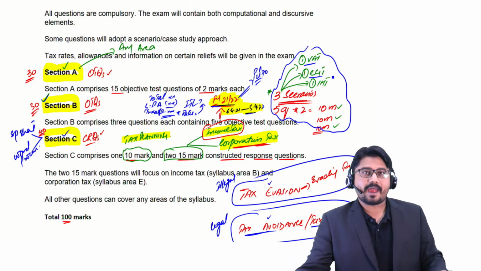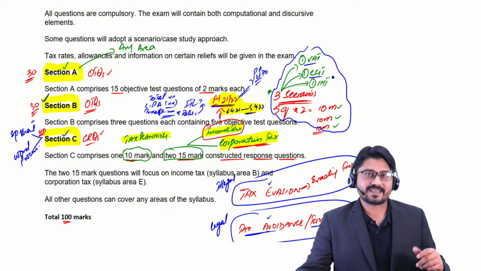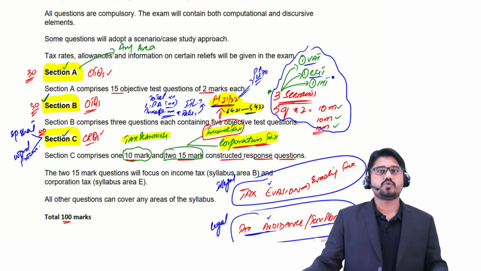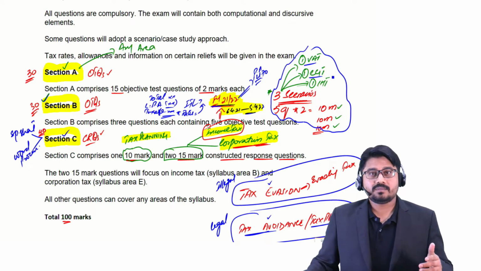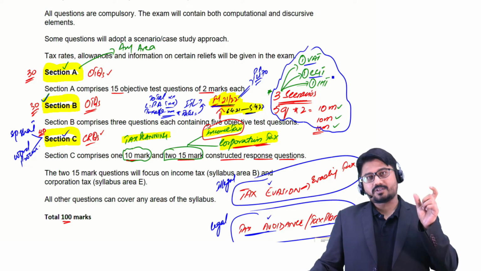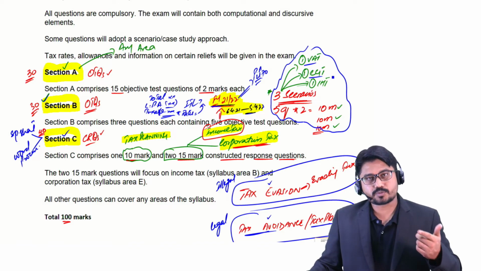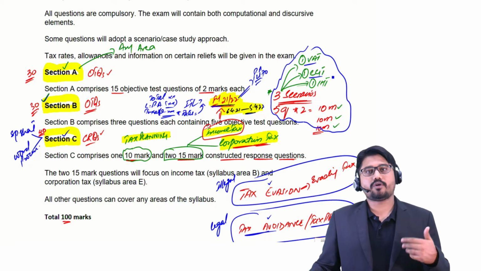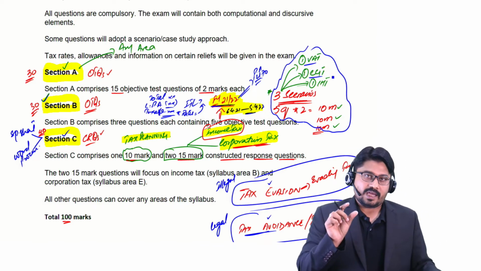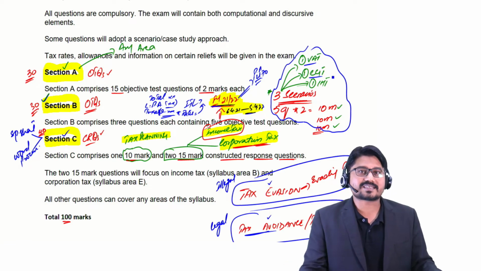Capital gains tax. Capital gain means gain on disposal. As we study in accounting, capital gain is a tax term, whereas in accounting we learn the term gain on disposal, when we compare the net book value of an asset with the disposal proceeds. Then we calculate the gain or loss on disposal. If there is a gain on disposal, that gain on disposal in taxation is termed as capital gain.